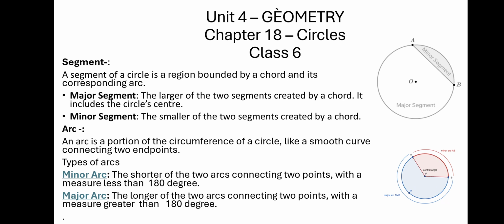So here there are two arcs, minor and major. AB is the minor arc and the other part, A, C and B, that is ABC, is the major arc.